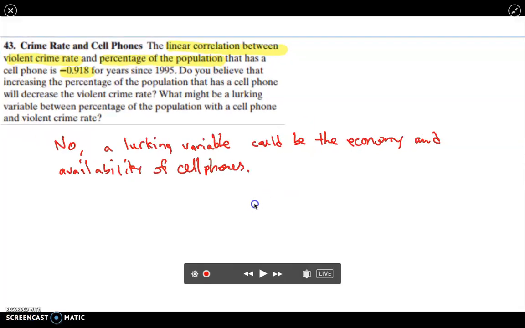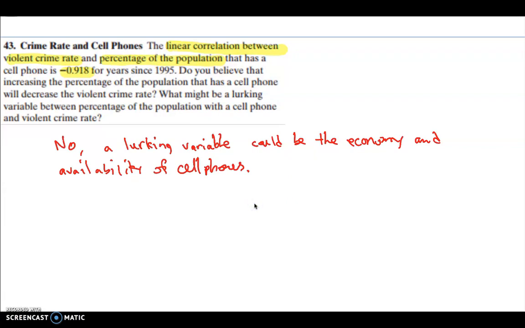If the economy is good, there is a lot of data that shows a strong economy tends to decrease violent crimes. And if you have a strong economy, then consumers are more likely able to buy a cell phone. So here we've got two things that are very correlated. We have a substantially strong correlation, but that does not mean that one causes the other.